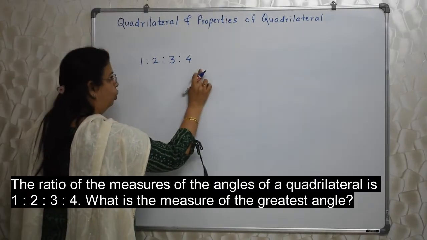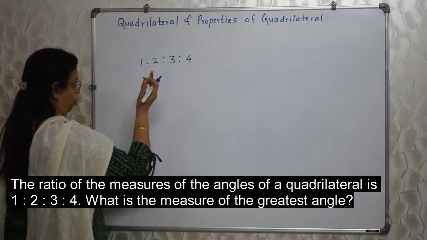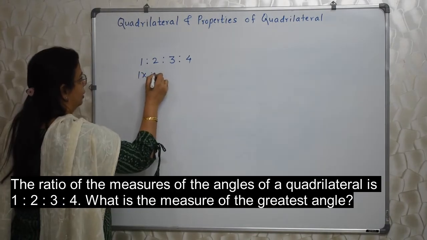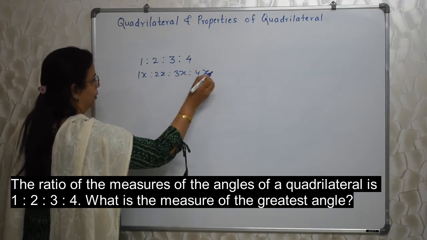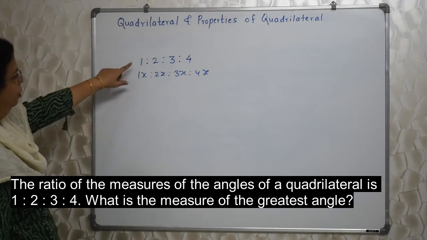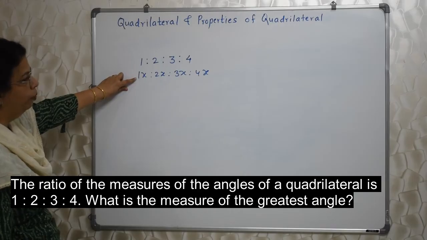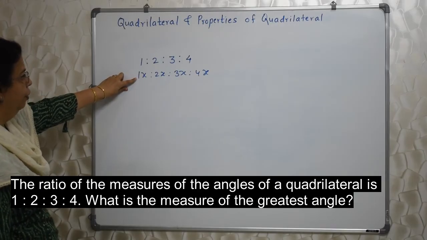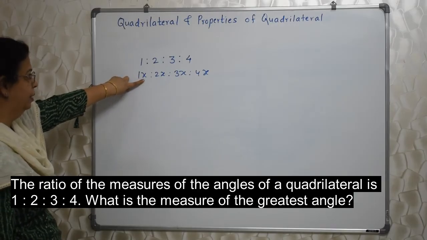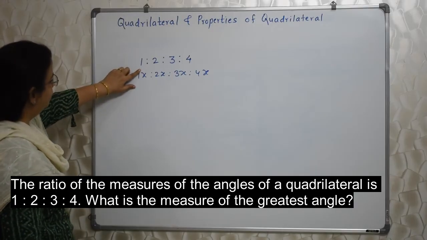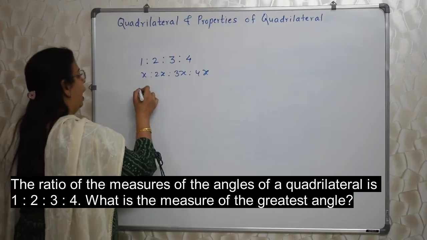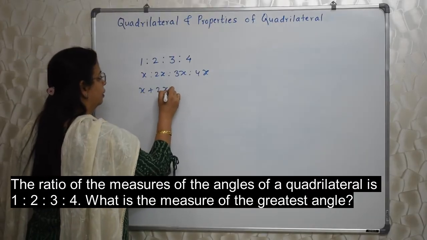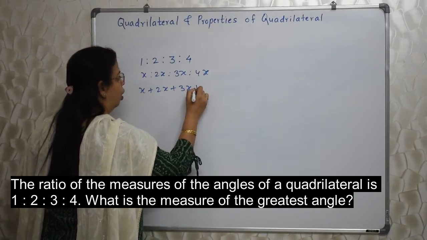They are in the ratio 1:2:3:4. Right, like this. They become the measures of the angles. This ratio we are converting into measure of an angle. If we attach a variable x. So 1x means x only, no need of writing x. So if we add all these angles, how much is the addition?